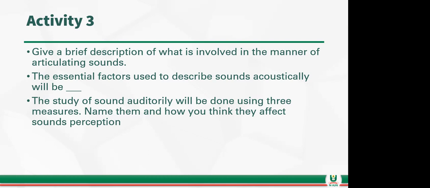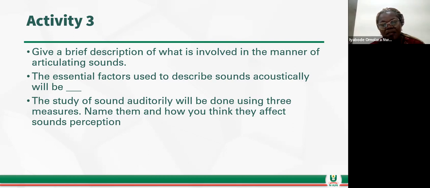Okay, the manner is how the sound is produced. That is the manner, how the speech organs produce those sounds. And I talk about the bilabial plosives, the pa and the ba. The 2 lips come in contact.